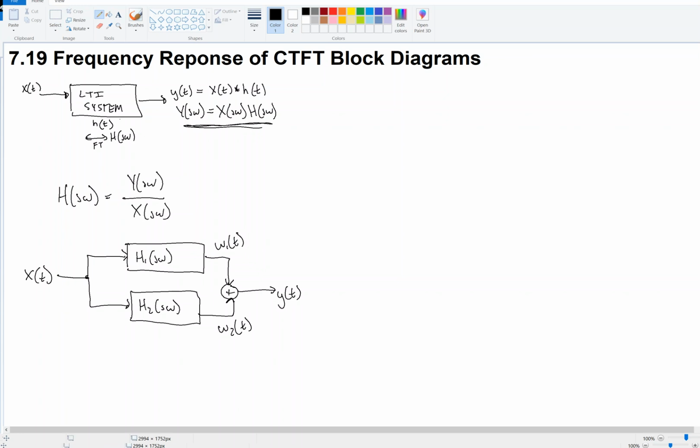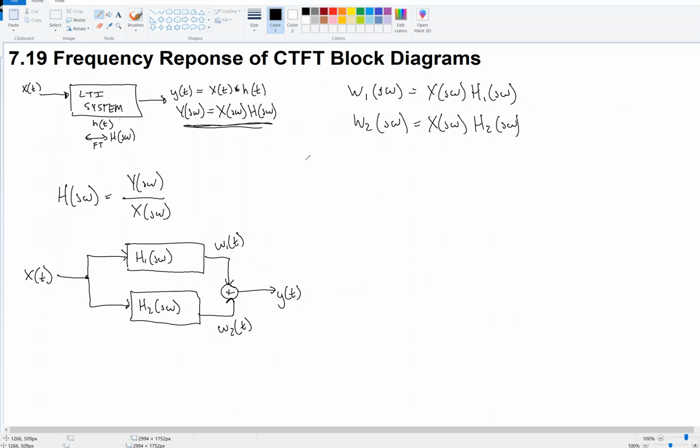All right, so W1, at least its spectrum, W1 of j omega, is going to be X of j omega, so x's spectrum, times the frequency response H1. W2, similarly, is going to be X of j omega times H2. Then W1 and W2 get added together.